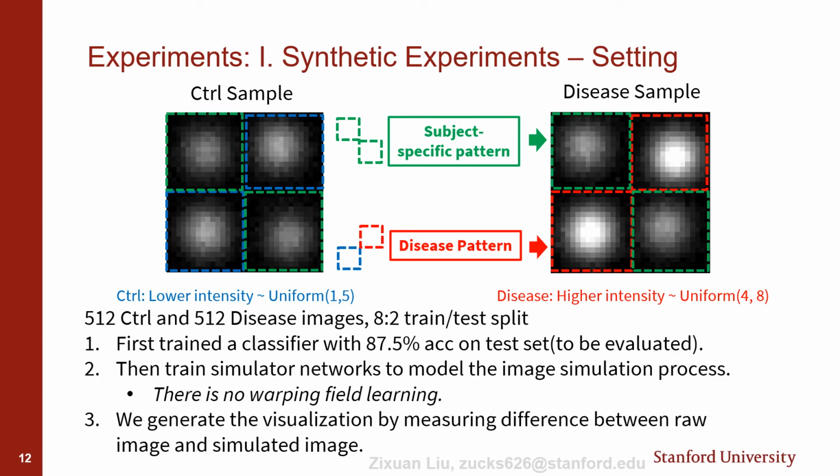To apply our method on this dataset, we generate 1024 images with a balanced ratio in each cohort and train the classifier with around 88% test accuracy. Then we train simulator networks to model the image simulation process, and note that there is no warping field learning. After that, we generate the corresponding visualization by measuring the difference between the raw image and the simulated image.